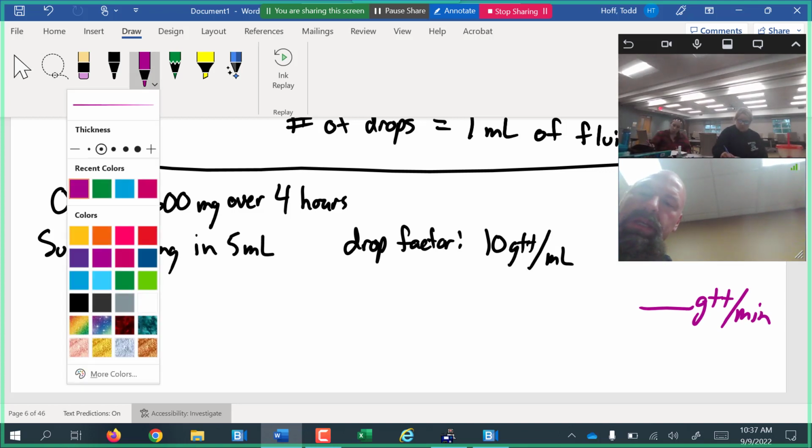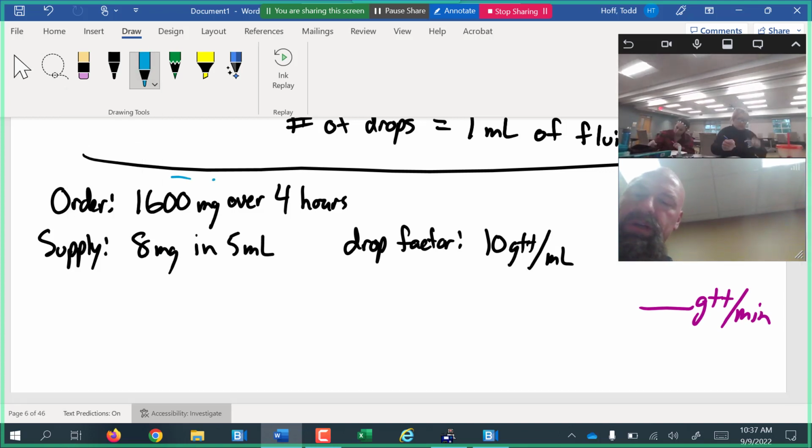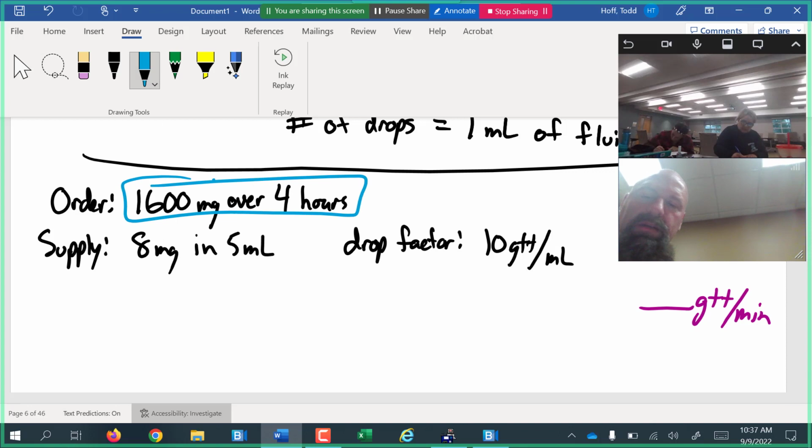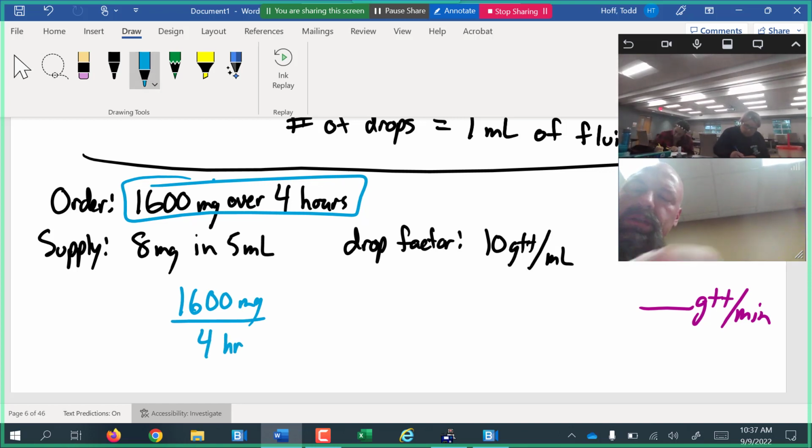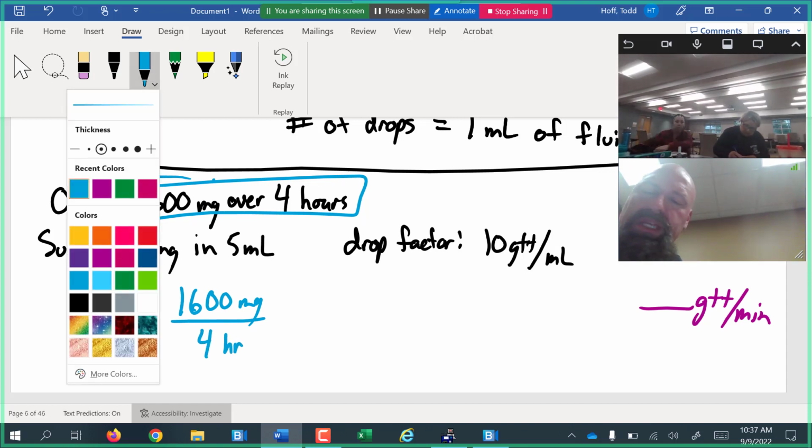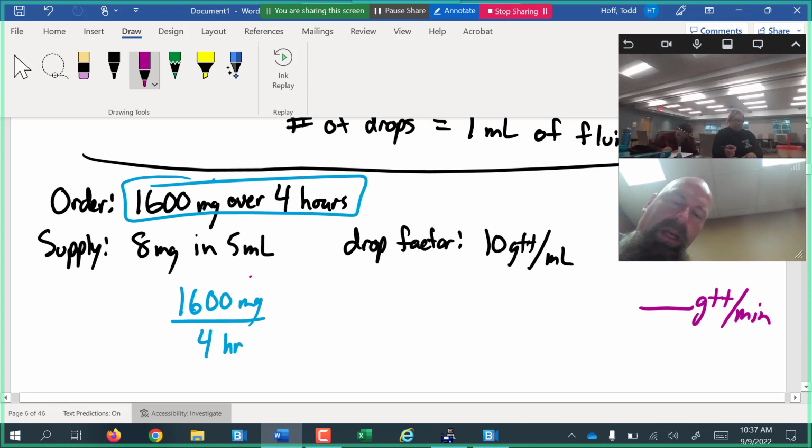So we start out with the doctor's order, 1,600 milligrams over 4 hours. Now, both of these units have to change. At some point, we need to get rid of milligrams and get to drops, and we also need to get rid of hours and get to minutes.